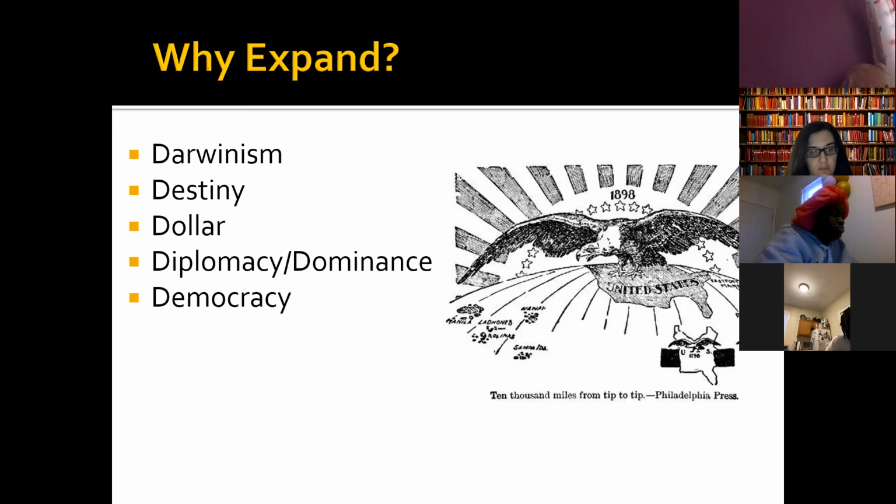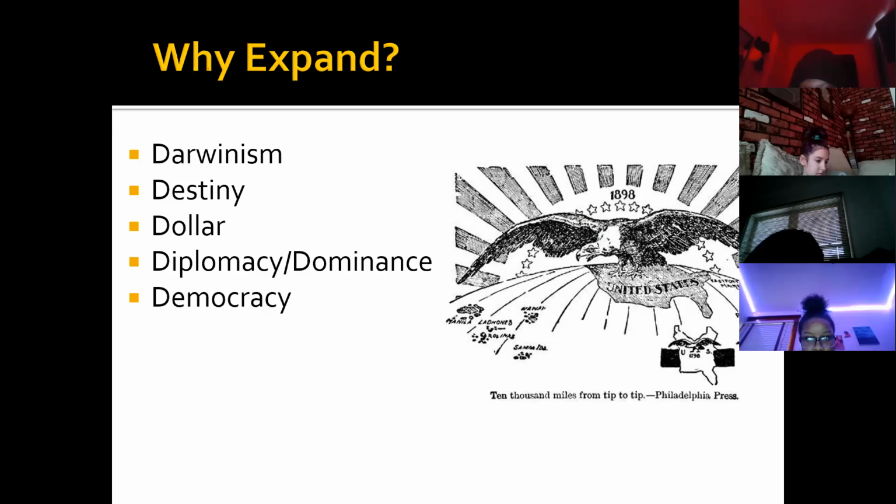Darwinism is the belief that Americans should help the "uncivilized" or "unfit." So when America involved themselves with other nations, they believed that they were giving the gift of education and all of that other stuff.